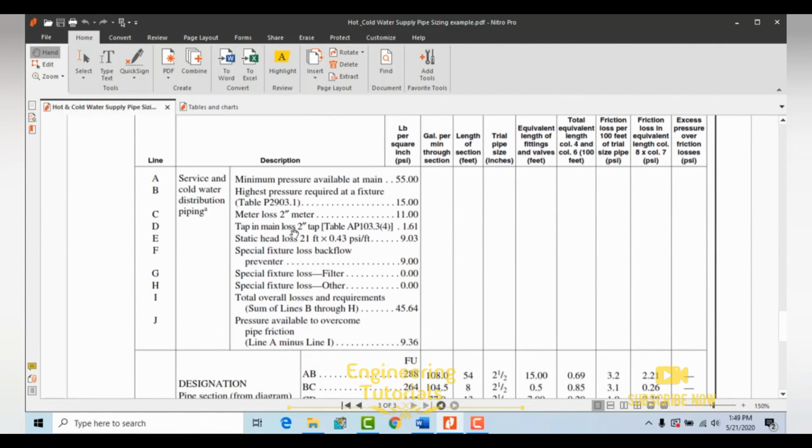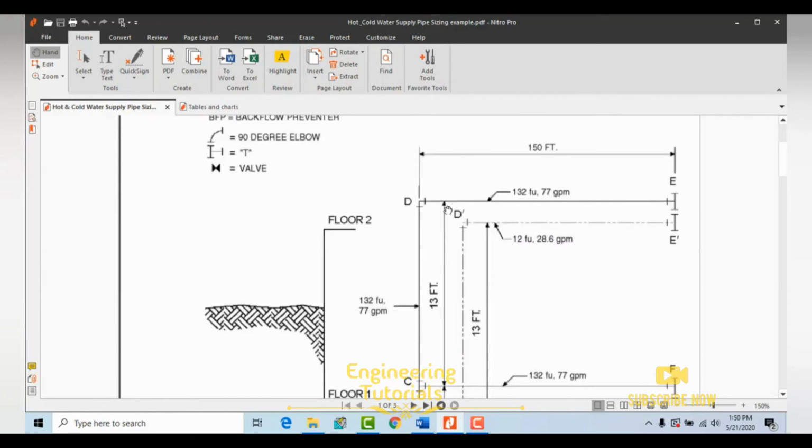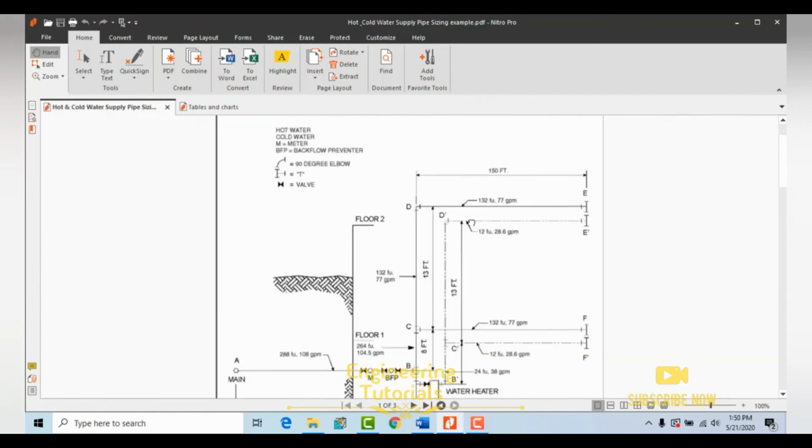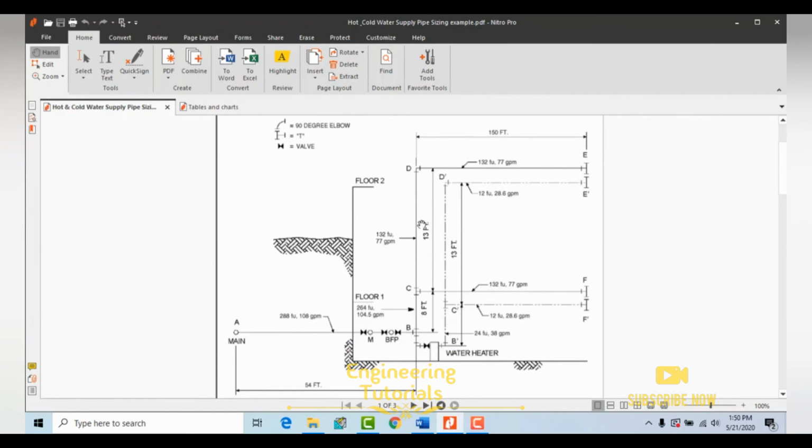The pressure loss we got from the manufacturer is 1.61, and the static head loss is 21 feet. Static head loss is due to the change in elevation. From the street main to the highest fixture the height is 8 feet and 13 feet, so the elevation difference is 21 feet.